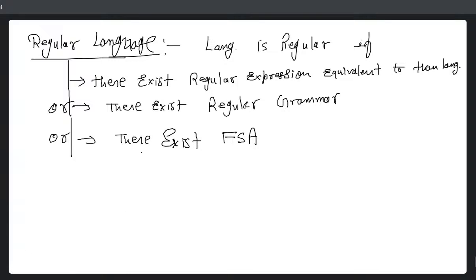one more point here: there are two different ways to check whether a language is regular or not. Here there is a shortcut, a trick from which we can understand whether the language is regular or not. So what is that? Let's see, if we have a language L equals a raised to n, where n is greater than or equal to 1, and we need to check whether this is a regular language or not.